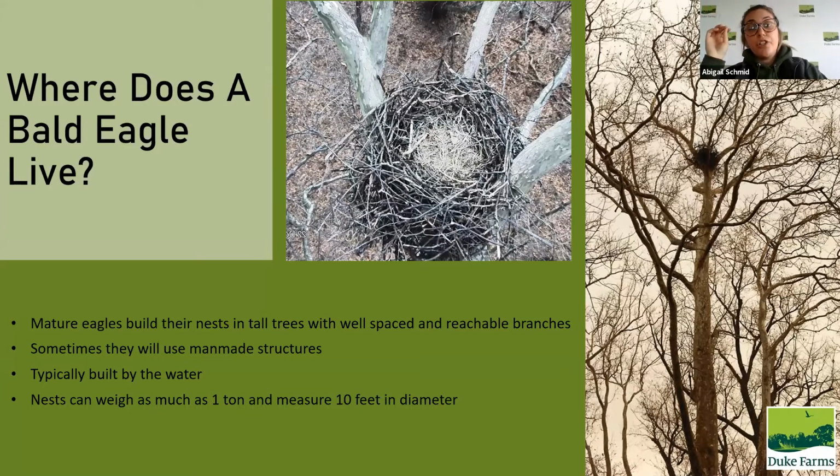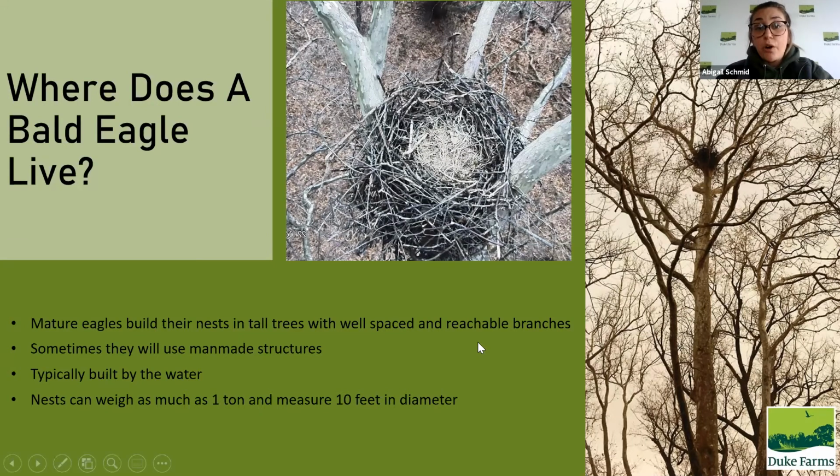Those well-spaced branches are really important for the stability of the nest. If you have 2 branches and you're putting a nest here, it's not going to be as stable as if you had 3 branches, because it's really like cupping the nest and creating a space for the nest to fall into.